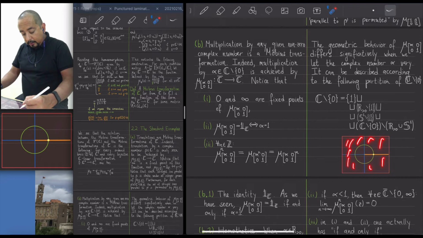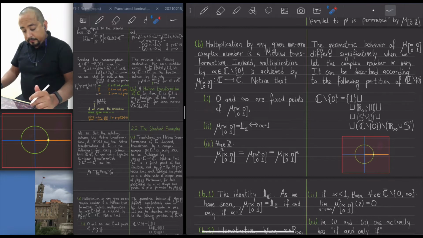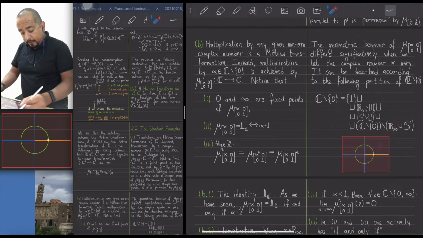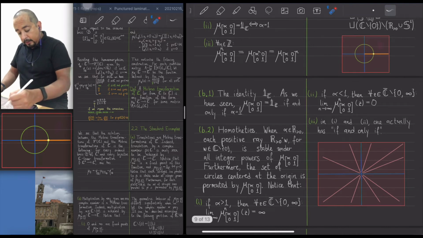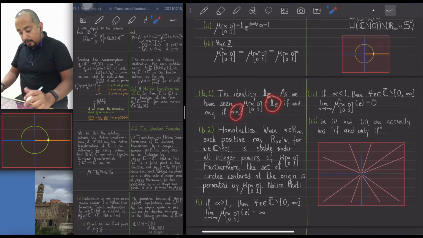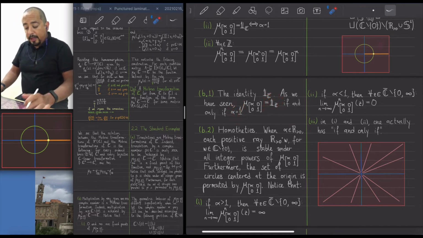The rest including negative numbers, of course, including all of them except minus 1. Okay. So let us go step by step. Here, this one gives me the identity, and we already saw that the only way to get the identity is when alpha is equal to 1.